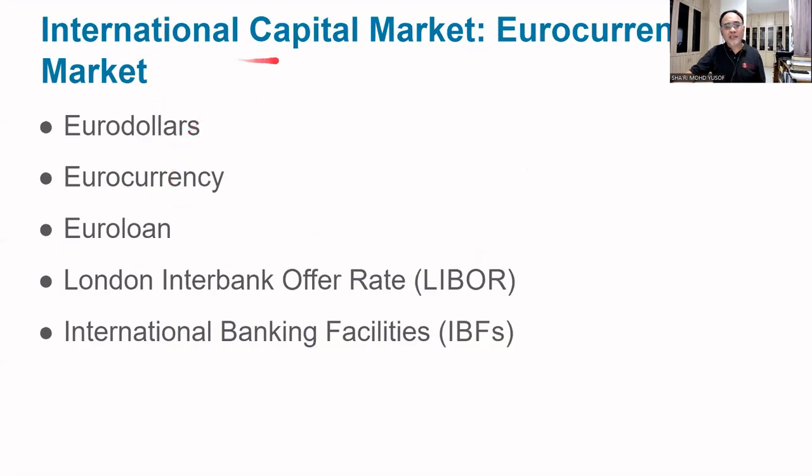And the international capital market. This is the euro currency market. Another important international financial system is the euro currency, originally called the euro dollar market. Euro dollars originated in the 1950s.